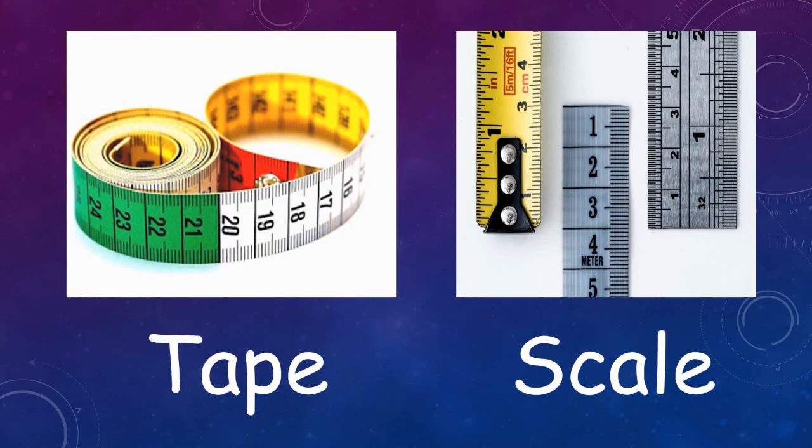Children, we use a scale or a tape for measuring length. Here are the pictures of a scale and a tape. They indicate the length of objects more than 1 meter in meters and those of less than 1 meter in centimeters.